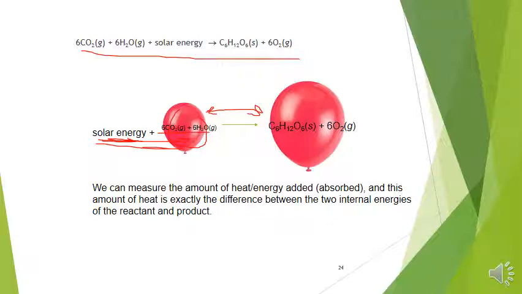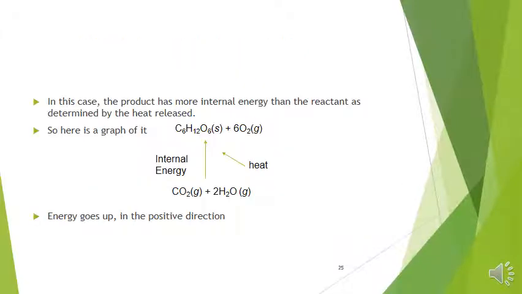So in terms of an exothermic reaction, the reactant has more initial energy than the product. In terms of an endothermic reaction, it's the opposite. The product has more internal energy than the reactant. All right, so we can see that here.